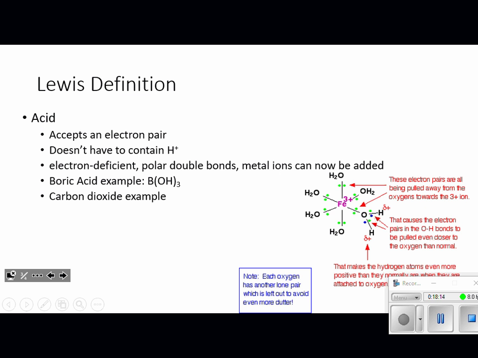But in B(OH)3, the boron bonds 3 times to oxygen, because it only has 3 valence electrons. Remember, boron, being a nonmetal with only 3 valence electrons, can't get to the octet. It's an incomplete octet. It's electron deficient. It is something that's going to readily bond with something in order to get to the octet.